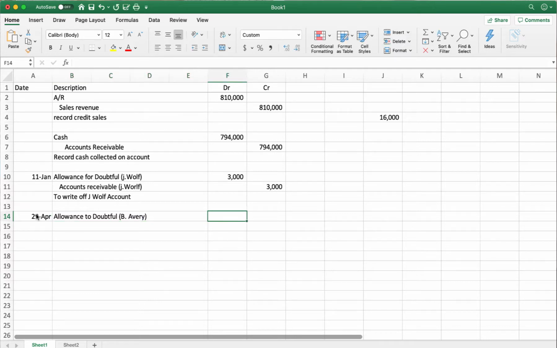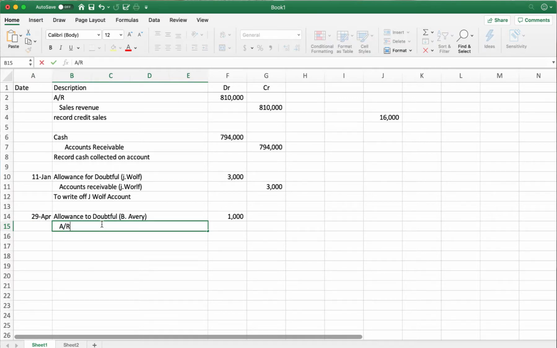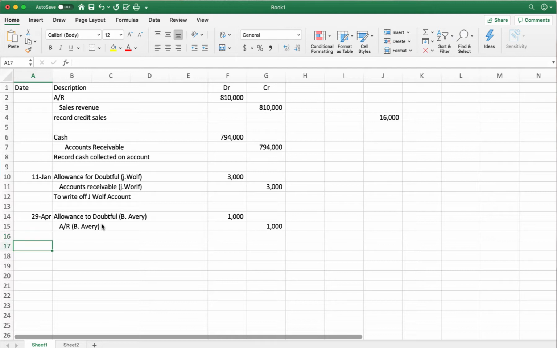We're going to debit allowance for doubtful accounts, B. Avery, $1,000. I'm going to credit my accounts receivable. So credit AR for who? Well, B. Avery. Same amount, $1,000. Perfect. No problem whatsoever.